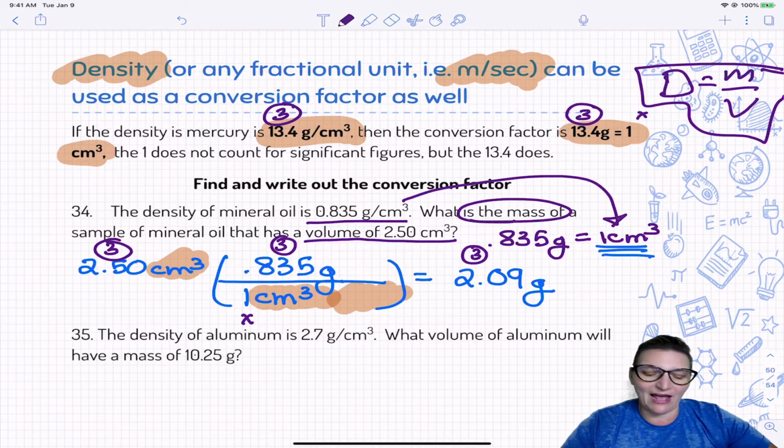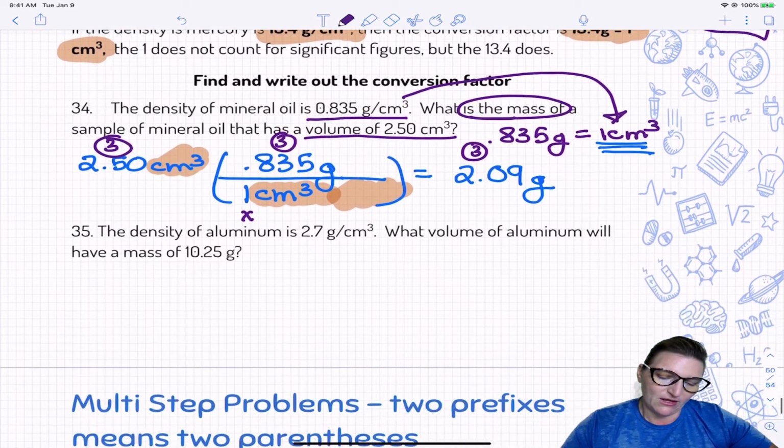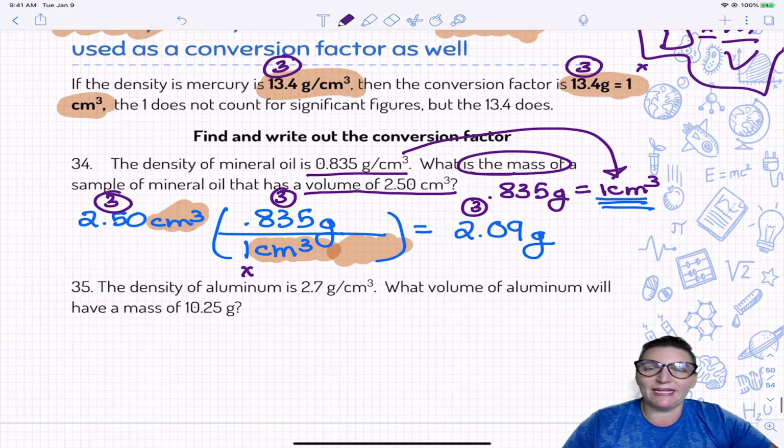So I'm going to ask that if the question says, using dimensional analysis, that you do use dimensional analysis. Or if the question says using the formula, you're going to use the formula. So we're going to move on to number 35. And again, if you feel like you got this, you want to give number 35 a try, do this one on your own and pause the video here. And if you want some more assistance with it, just follow along.